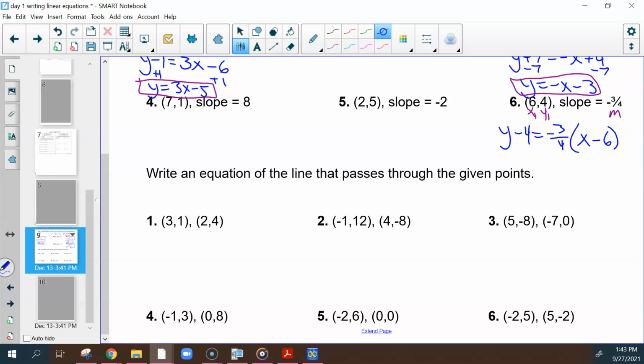Distribute. So you could do this over 1, saying negative 3 times negative 6 is positive 18. 4 over 1 is 4. 18 over 4, you could simplify that to become 9 halves.